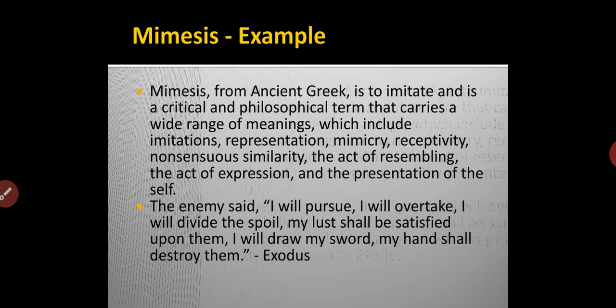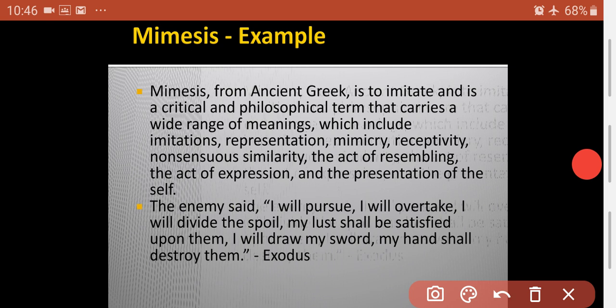Now consider this. Mimesis, from ancient Greek, is to imitate, and is a critical and philosophical term that carries a wide range of meanings, which include imitations, representation, mimicry, receptivity, non-sensuous similarity, the act of resembling, the act of expression, and the presentation of the self. So, mimetic would imply all of it. What does it include?